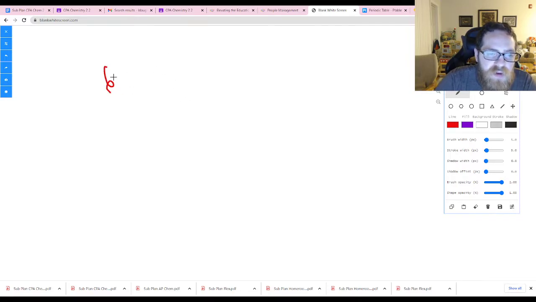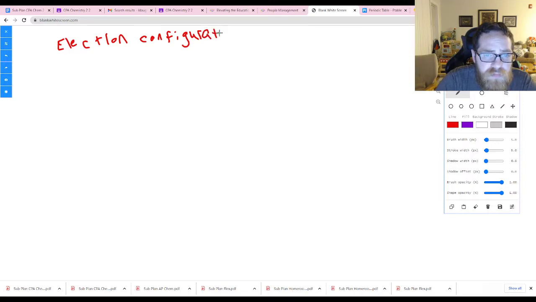We've been talking about electron configuration. Electron configuration is basically a naming and numbering system to keep track of where the electrons are in an atom. It has a few main parts.